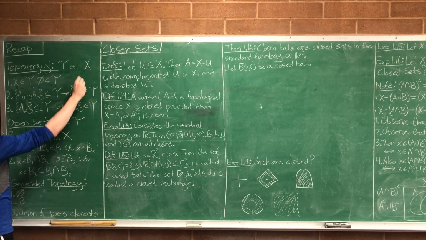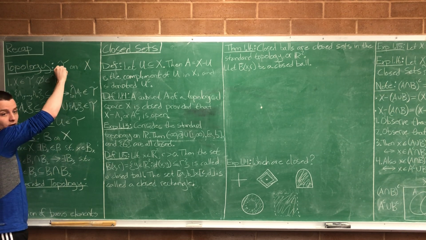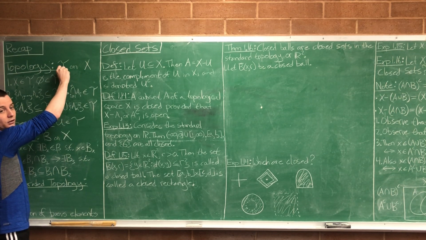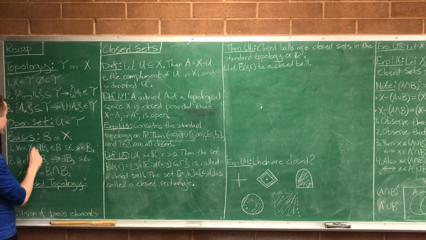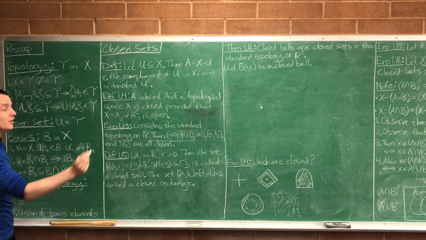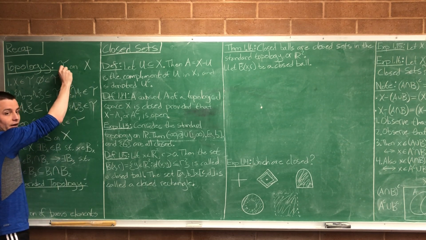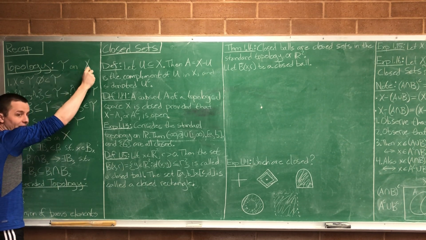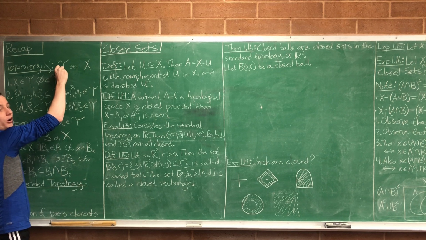Now remember, what do we call the elements of tau? No. Basis elements is for when we're talking about basis. We call them open sets. The elements in tau, those sets in there, remember tau is a collection of subsets of X. Everything in tau are sets, right?